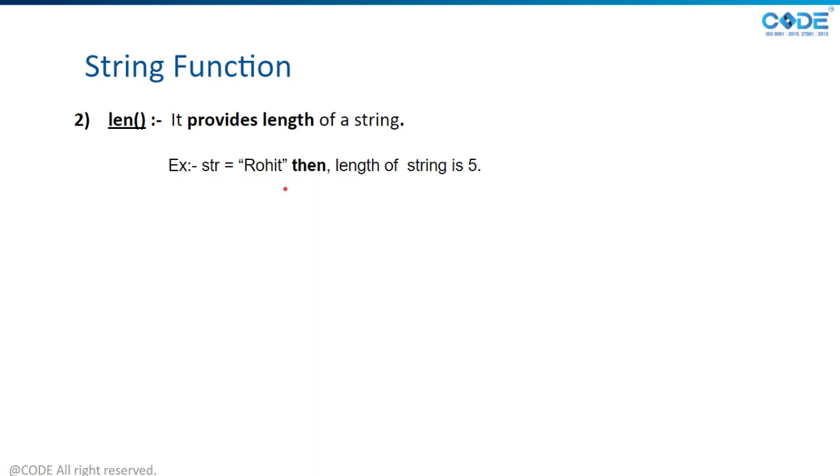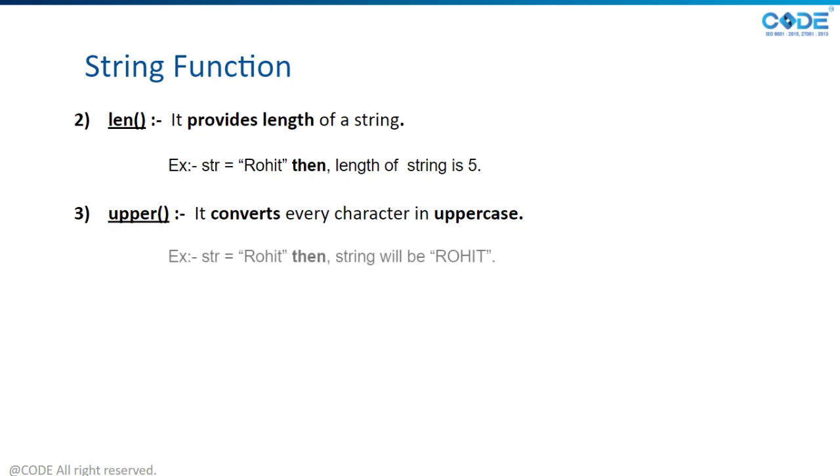Now let's move on to our next function, that is upper. So what does it do? It simply converts each character or letter of the string into uppercase. For example, str equals to Rohit. In this, R is already uppercase, so it will skip it and then move on to the next letter, that is O. O is lowercase, so it will convert it into uppercase.